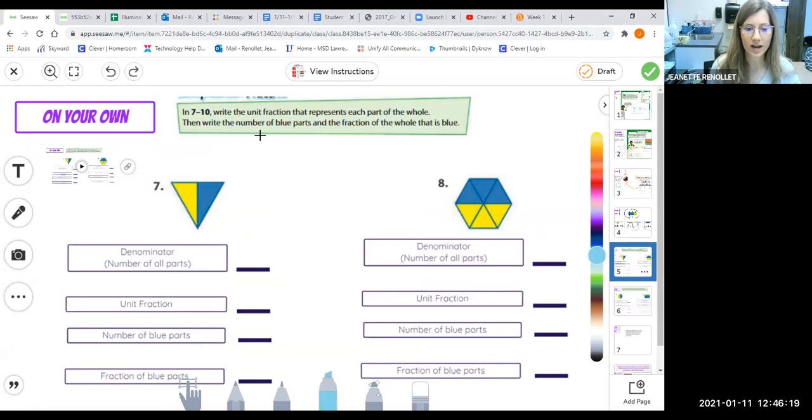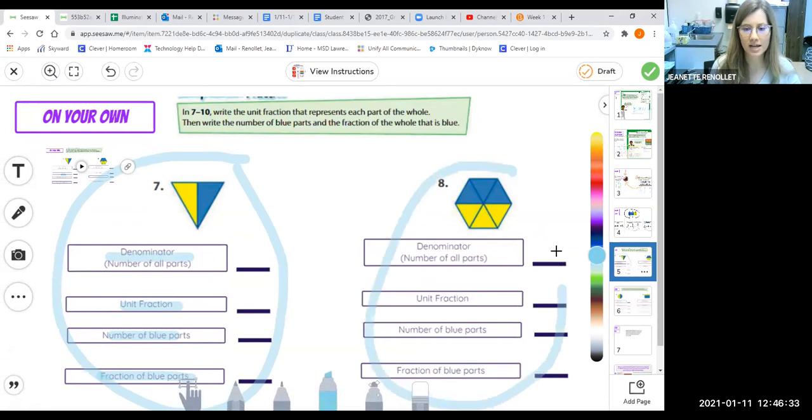You are going to answer these questions about the model. So these go with number 7. These questions go with number 8. You will practice telling me the denominator of the fractions, what the unit fraction is, the number of parts that are blue, and then the fraction of parts that are blue.